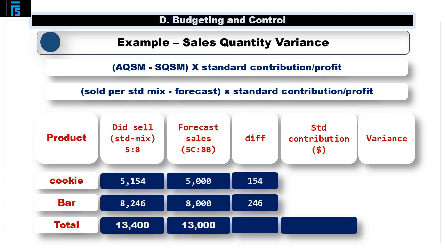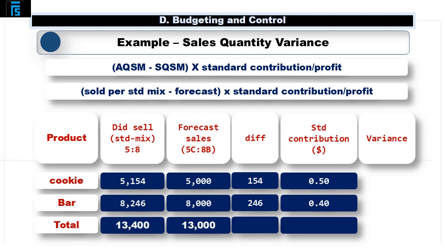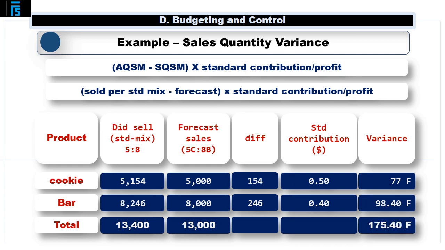The variances are calculated using the standard contribution of 50 cents for a cookie and 40 cents for a bar, giving $77 favourable for cookies and $98.40 favourable for bars, and therefore an overall favourable variance of $175.40. The overall variance is favourable because we have sold more of both products. Both products generate a positive contribution, and therefore profits will be higher than forecast.